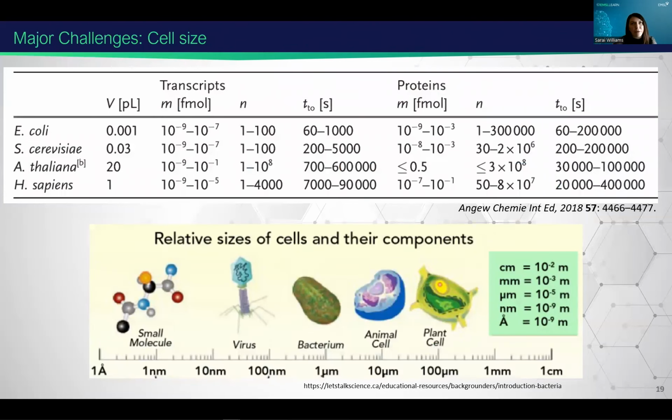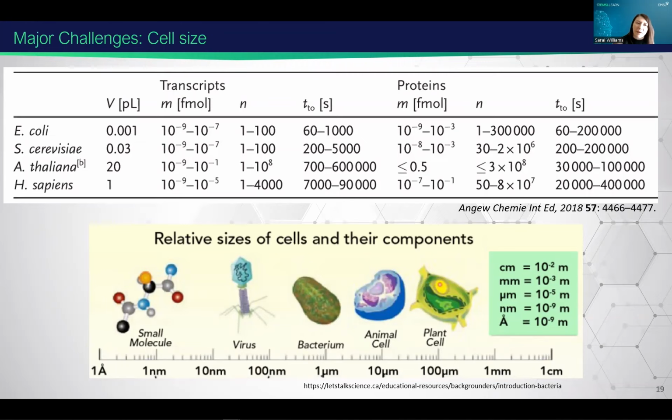One major challenge is cell size. Here we have 4 different types of cells: E. coli, fungal cells, plant cells, and mammalian cells. The smaller the cell size, the smaller the sample volume, and therefore that will affect how much peptide is available in that sample volume.